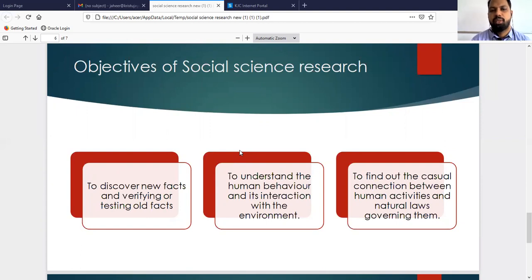And the third one is to find out the causal connection between human activities and the natural laws governing them, to know the causal interaction between two events and its connection with natural laws.